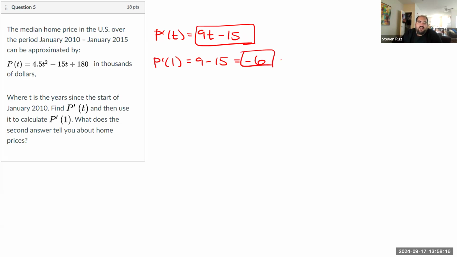So what does this answer, negative 6, tell me about home prices?